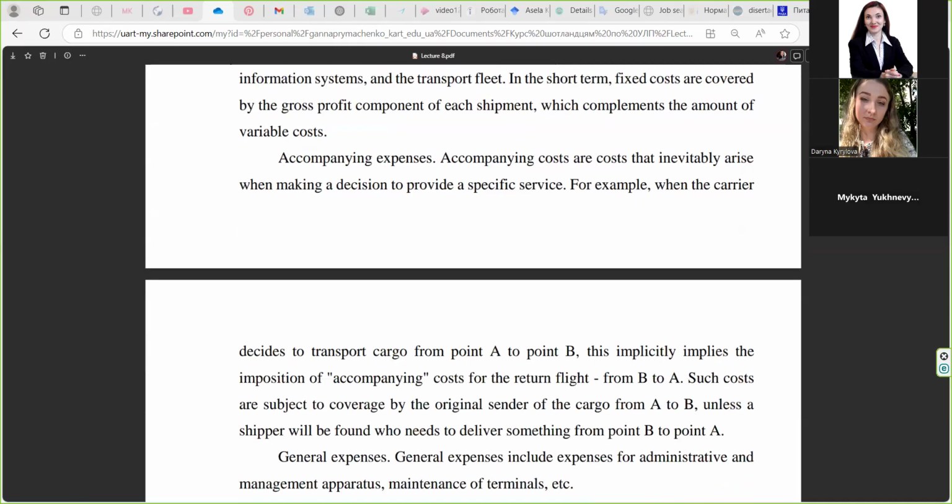Next position, it is accompanying expenses. Accompanying costs are costs that inevitably arise when making a decision to provide a specific service.